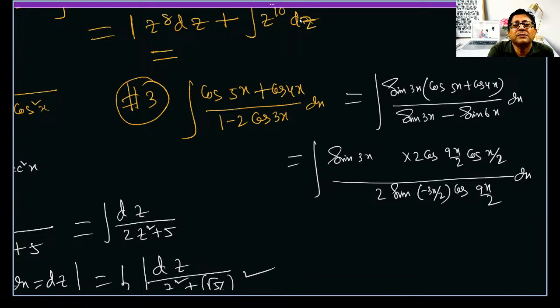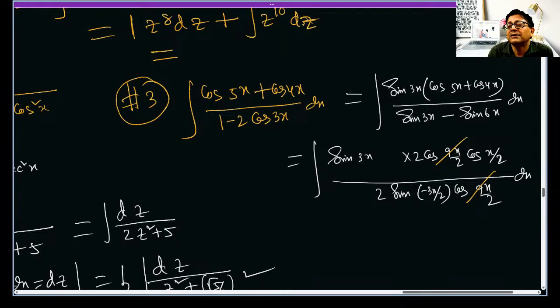So one term strikes out from numerator and denominator. Then in the numerator what do you find? There is minus sine 3x by 2 and this is sine 3x.